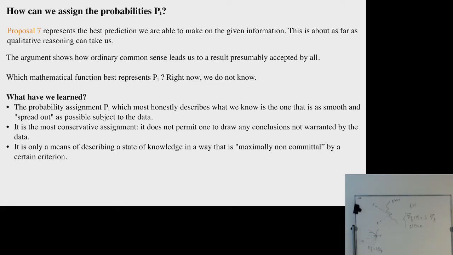Okay, there's a lot of text here, but basically the question is, mathematically, what's the function that represents pi? And in order to get there, what we want is to describe what we know about the system in a way that is maximally non-committal. So what we want is to describe the problem with what we know, the constraints, and to maximize our ignorance. And what is our ignorance?